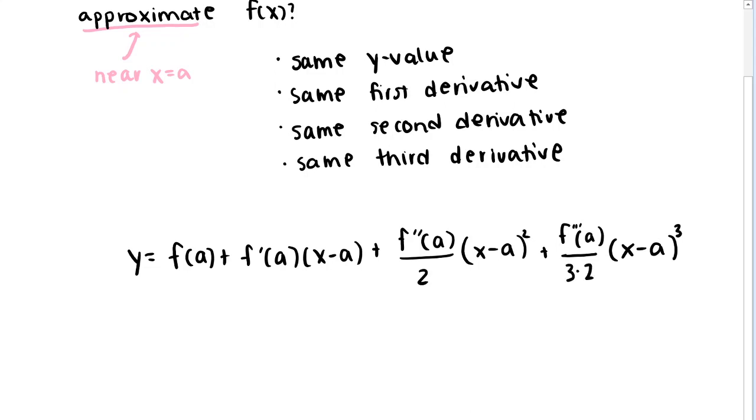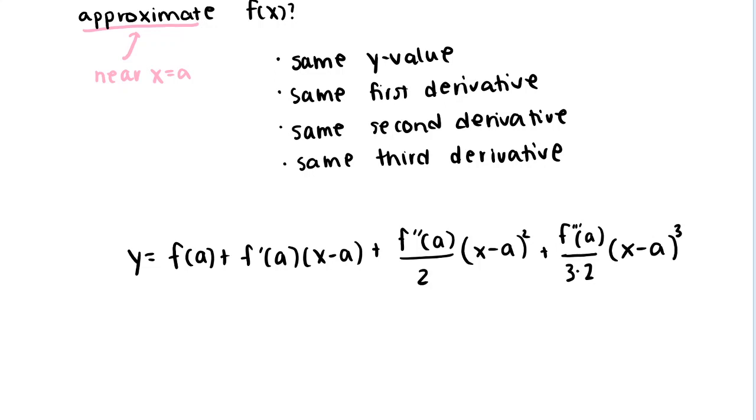If we were to take the third derivative of this function, if we were to apply the power rule 3 times, well, we would bring down a factor of 3 and a factor of 2. And so here we should have a denominator of 3 and a factor of 2, so that those would cancel out, and we'd just be left with f triple prime of a. And that our third derivatives would really match up with our original function.